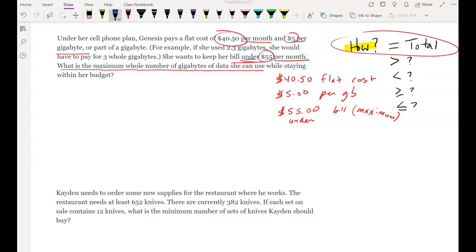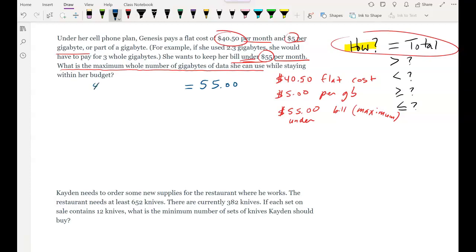I'm going to put my equal sign here. Now it's going to be an inequality, but I'm going to start this off as an equation. What's the total here? Well, she wants to keep her bill under 55, so that's going to be our total. The limit is the total. Her limit is $55. And how does she arrive at that total?